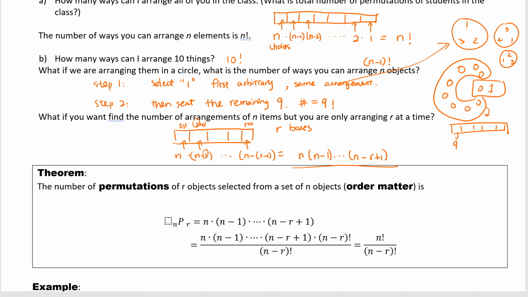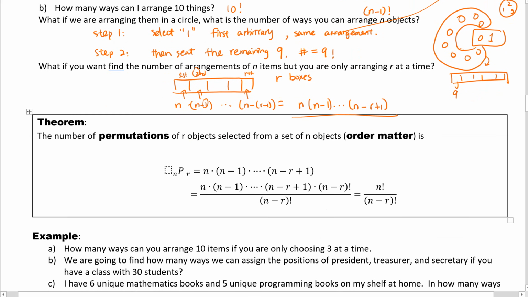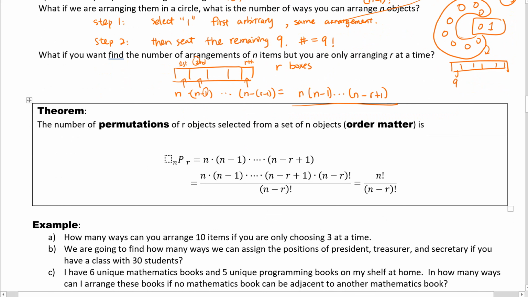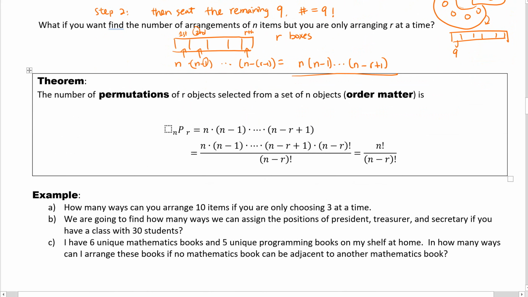So the factorial will count down the remaining numbers until we reach 1. That's why the numerator is just n factorial, and that's why we have n factorial over n minus r factorial. Alright, so this is permutation n choose r.